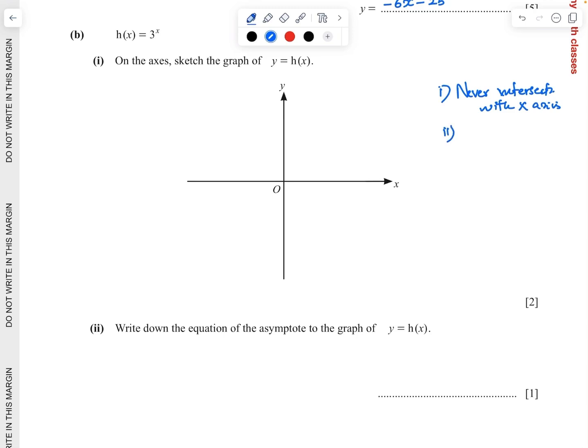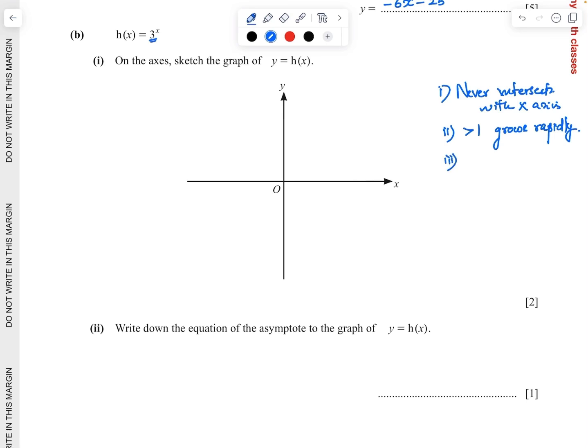Now look at this number to which the power x is raised. That is greater than 1. So if it is greater than 1, then the graph grows rapidly. If it is less than 1, then it is going to decay rapidly.